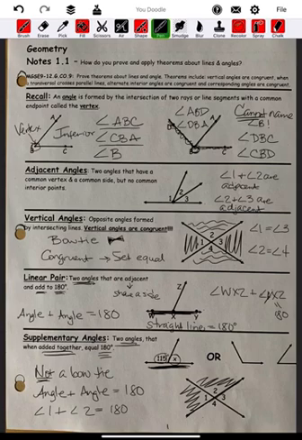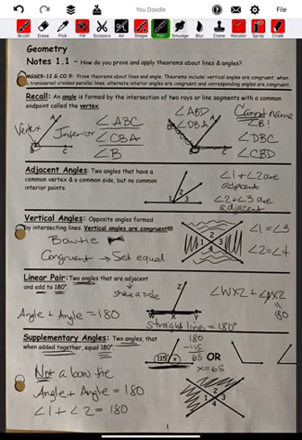To figure out what that is, all we have to do is say 180 minus 115, which gives us 65. So here, x equals 65.